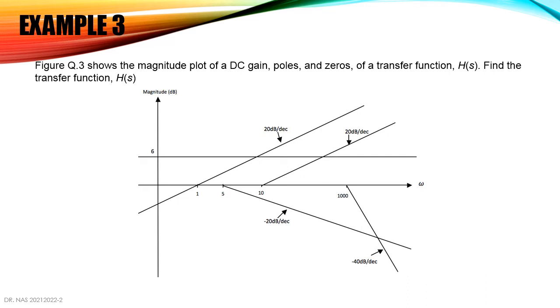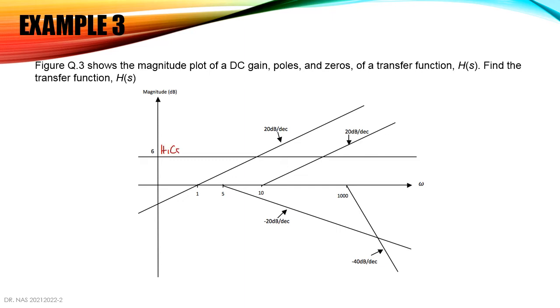Okay, example 3. Figure Q3 shows the magnitude plot of the poles and zeros of a transfer function H(s). Find the transfer function H(s). Okay, so in order to do this, you need to deduce the equation for each of the individual components. So as usual, to start with, we consider the constant.